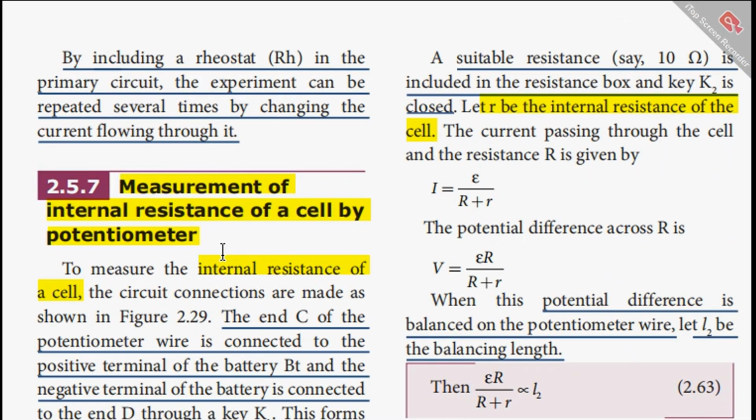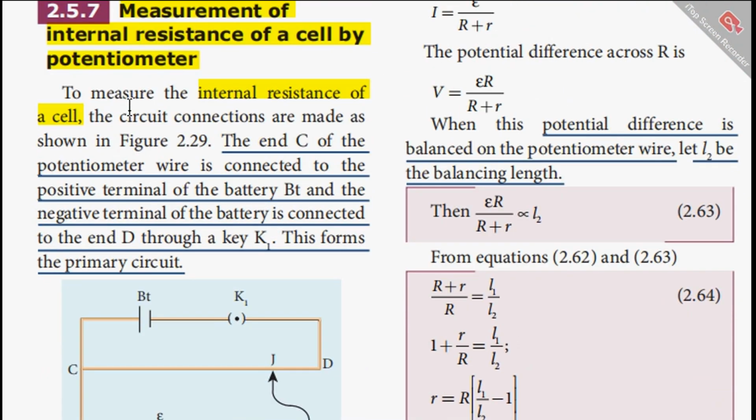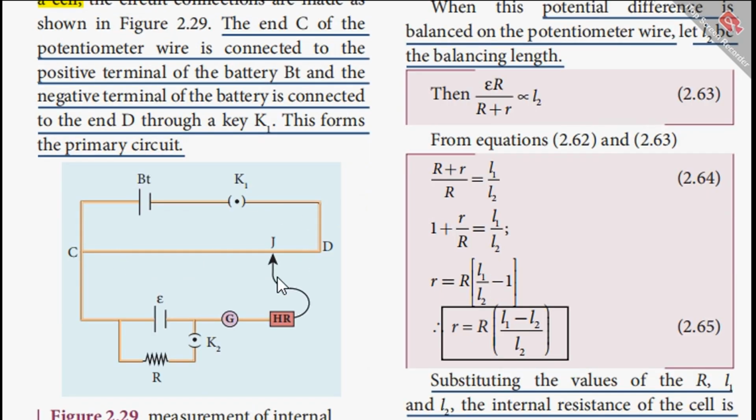Now we can also use the same potentiometer for the measurement of internal resistance of a cell. To measure the internal resistance of a cell, the circuit connections are made as shown in this figure.